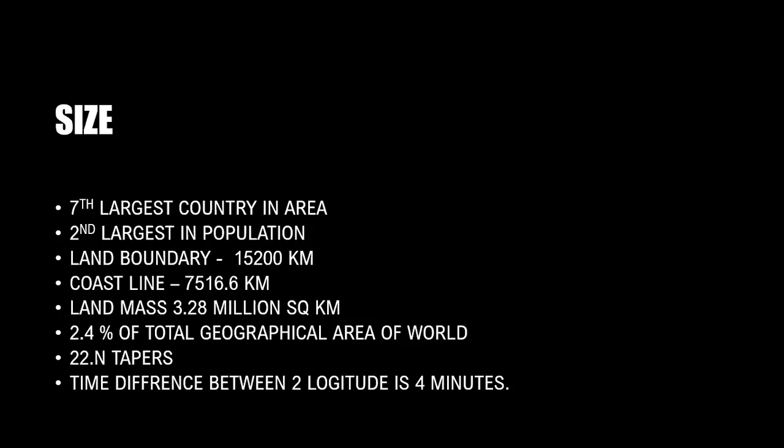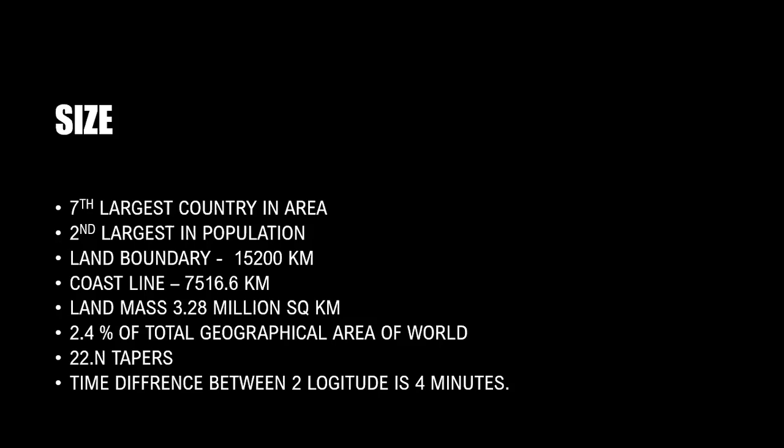From around 22 degrees north, our country starts tapering southwards and extends right into the Indian Ocean, and it divides the Indian Ocean into two seas, the Bay of Bengal and the Arabian Sea.